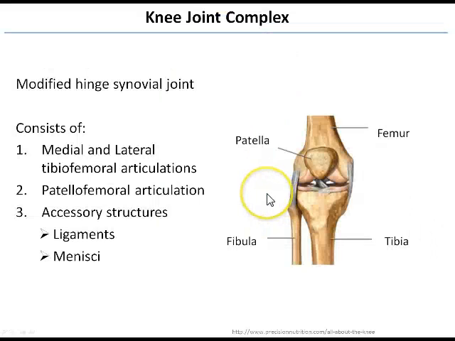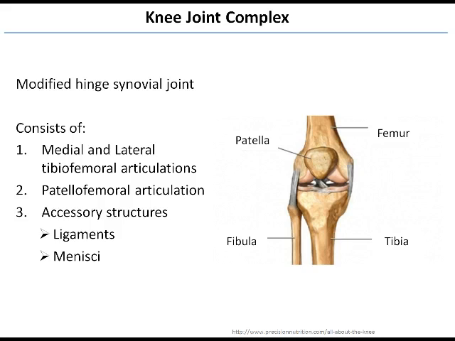Let's look now at the knee joint specifically. The knee is one of the most complex joints within the body. This is because it has a high range of movement, as well as an important role in load bearing within the lower limb region.